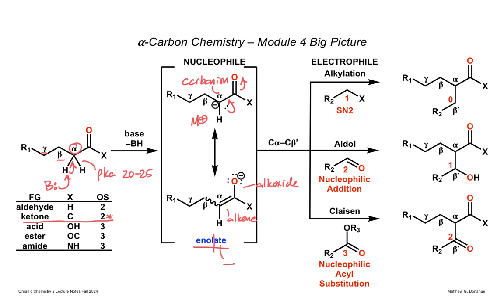In the squiggly line, you can have cis or trans geometry, so geometrical isomers of that beta carbon relative to the oxygen or the X group.